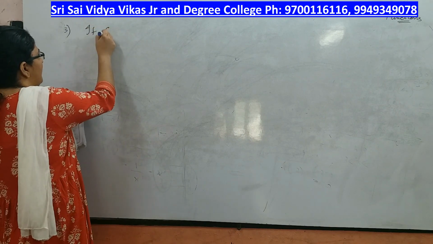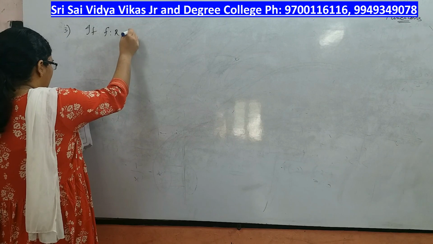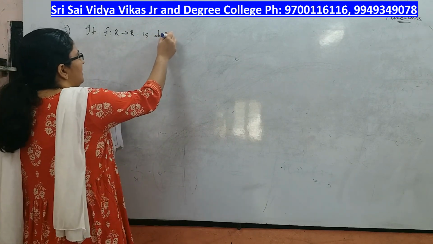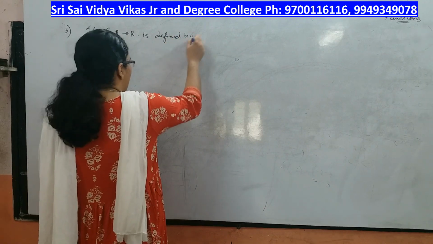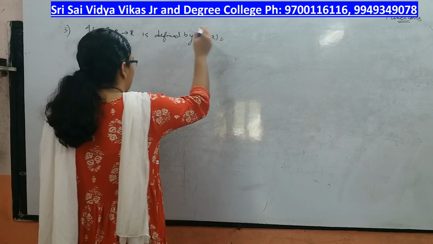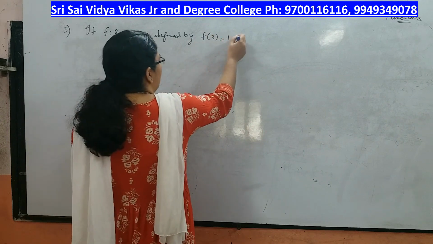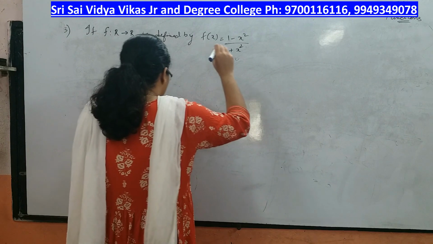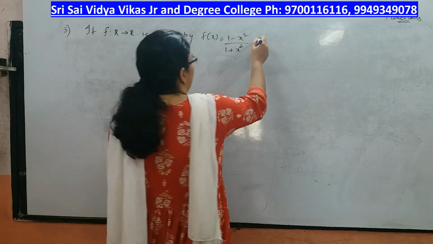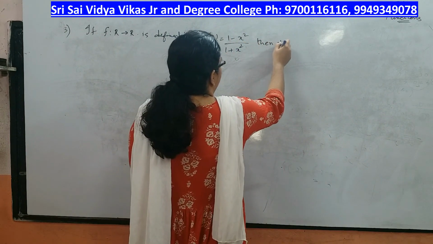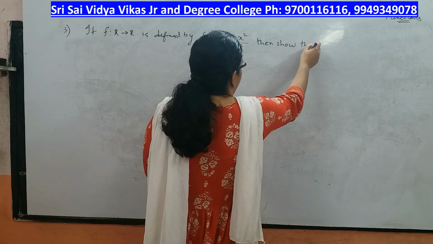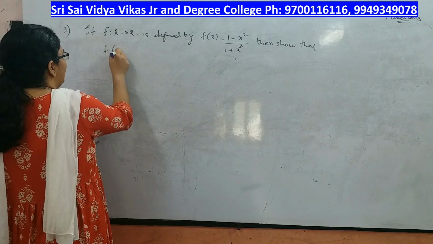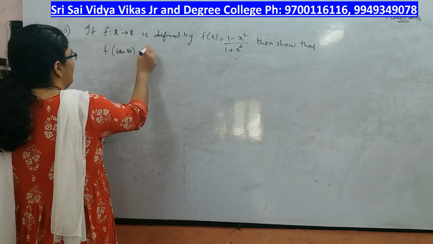If f maps R to R is defined by f of x is equal to 1 minus x square by 1 plus x square, then show that f of tan theta is equal to cos 2 theta.